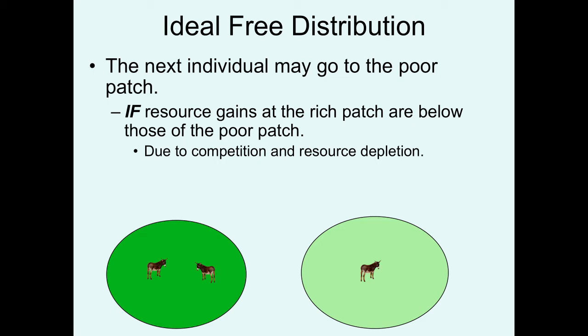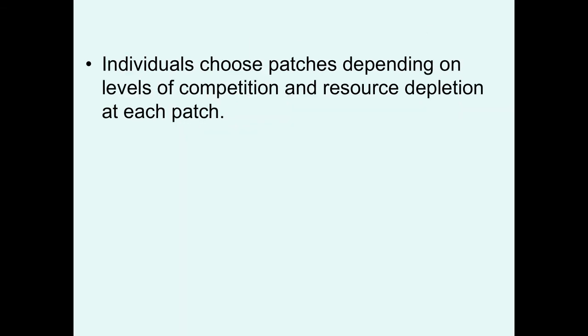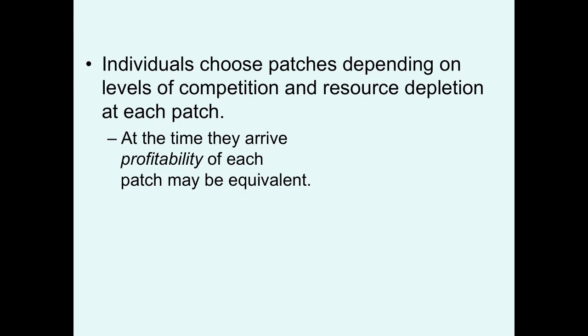In other words, the poor patch now is the better choice for this individual. So individuals will choose among patches depending on the level of competition and resource depletion at each patch due to previous use of the patch. So at the time that any individual arrives, the profitability of each of the patches that are involved will be equivalent.